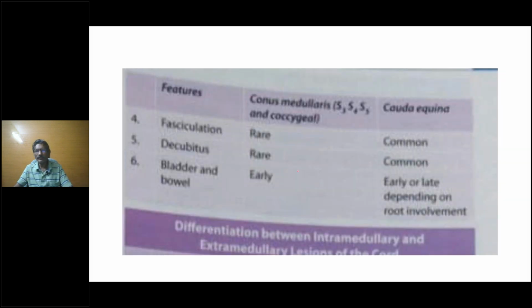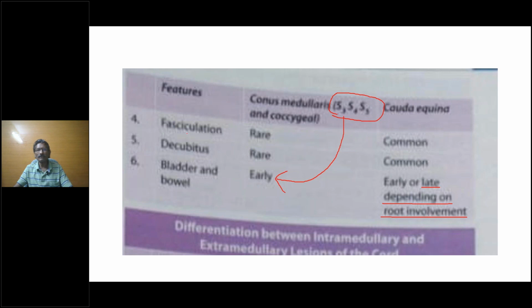Now, the point you need to remember here, these are bladder fibers. So this will affect the bladder and bowel very early, whereas in the other it is late and depends on the root involved. Only depending on the root is it getting affected.